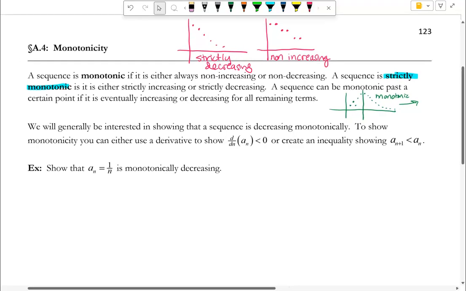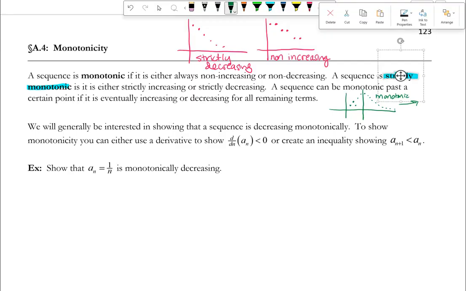So we will typically be interested in showing that a sequence is decreasing monotonically. And to prove monotonicity, we could either use what we know about derivatives. So for example, if the derivative of a sub n, which represents again our explicit function of our sequence, is negative, then our sequence is decreasing.